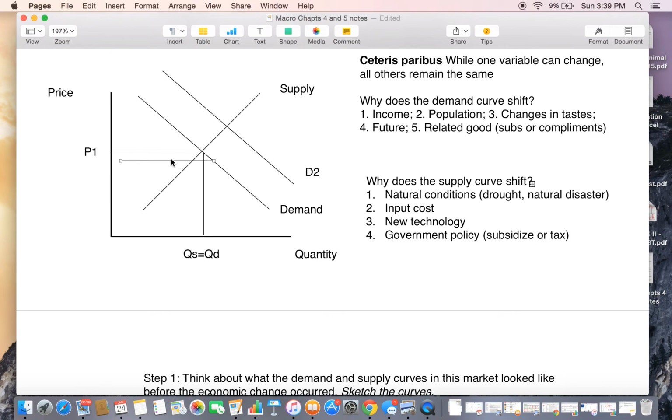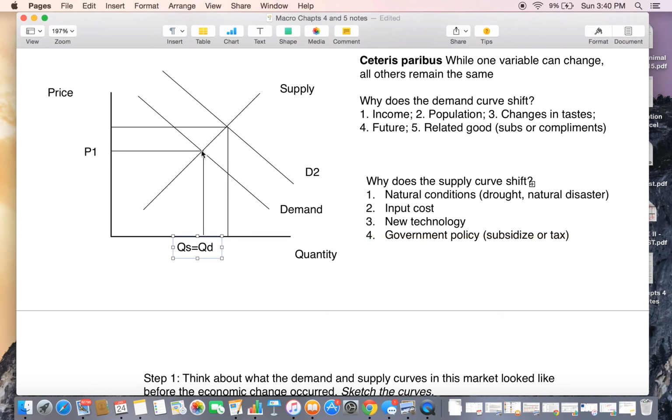The impact we would see in the market, in the equilibrium transacted price and quantity, is that we would see a higher price and a higher quantity supplied and demanded.